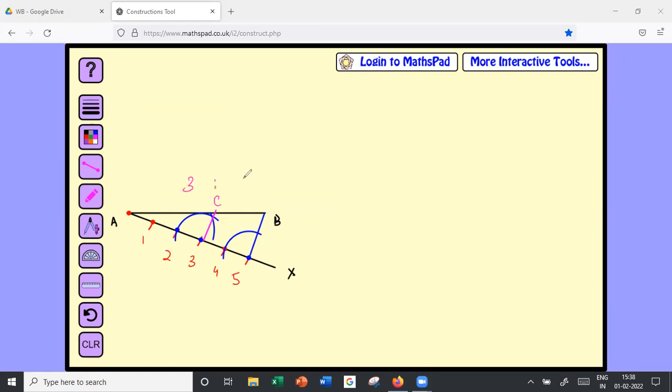Let us write it like this, 3:2. Do you remember? Memory test. Who remembers this theorem? Do you remember there was a theorem called BPT in triangles? Thales theorem. Yes, ma'am, the Basic Proportionality Theorem.